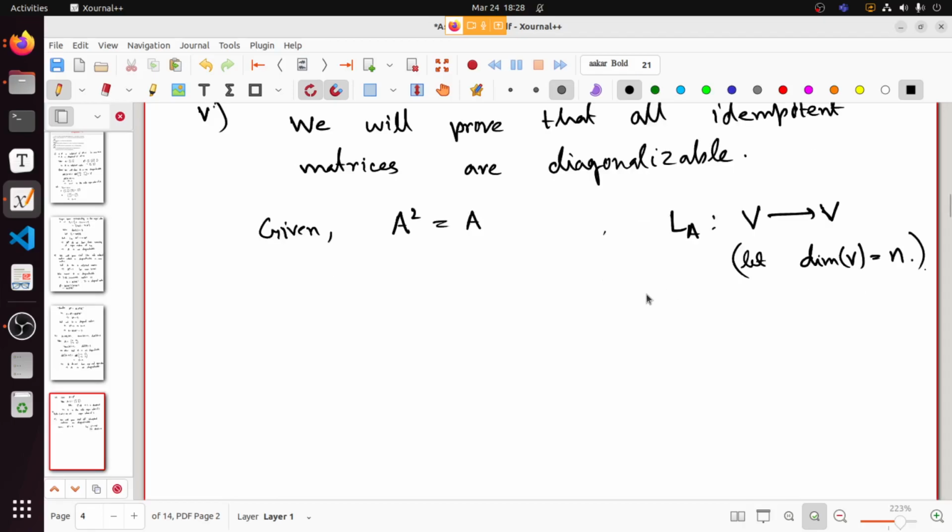Let's assume the dimension of the range of A is R. R is the range space of A.